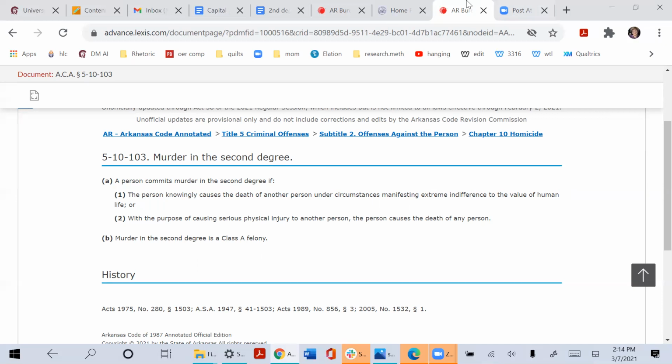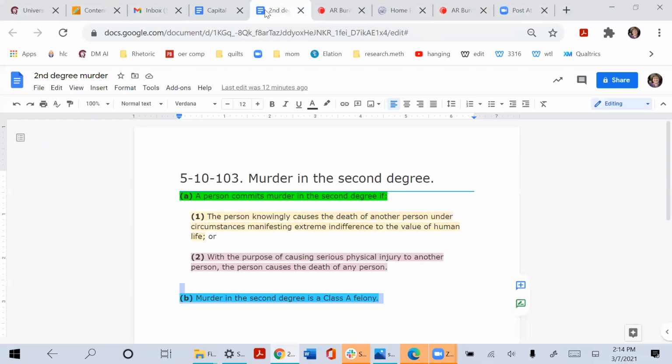It is often difficult looking at the statute to see that, partly because of reading it online. So what I do is I take the statute and I cut and paste it into a Word or a Google Doc, and then to clarify for myself, I highlight the different sections.